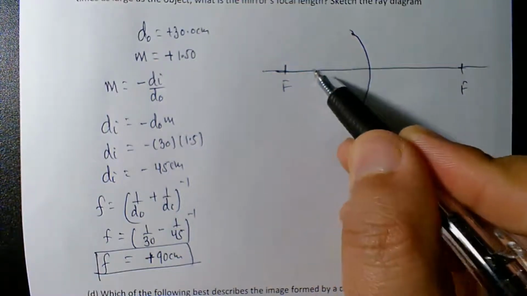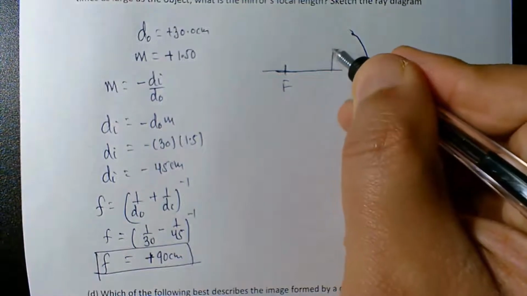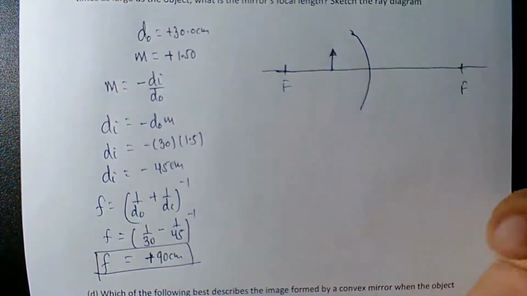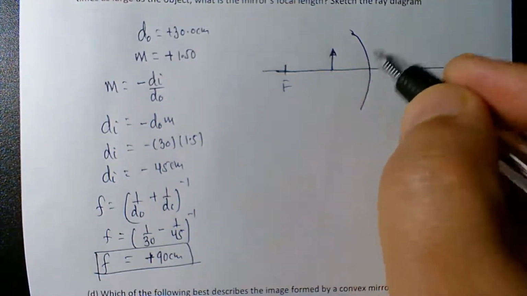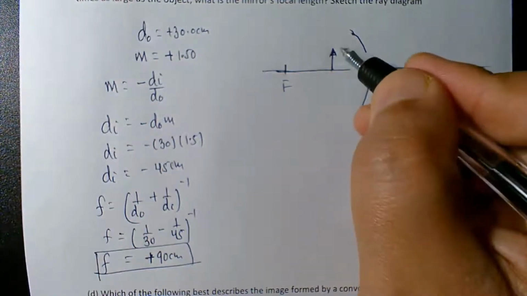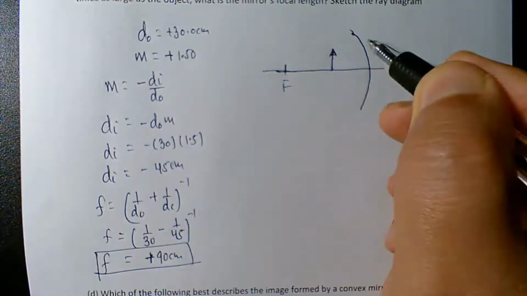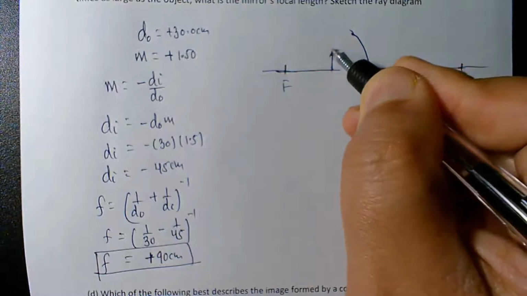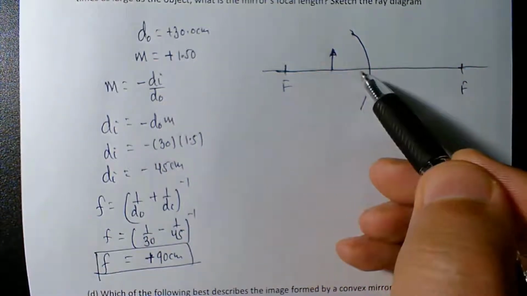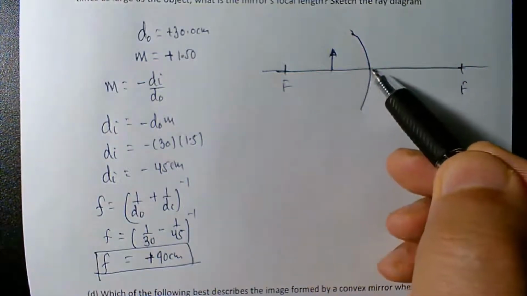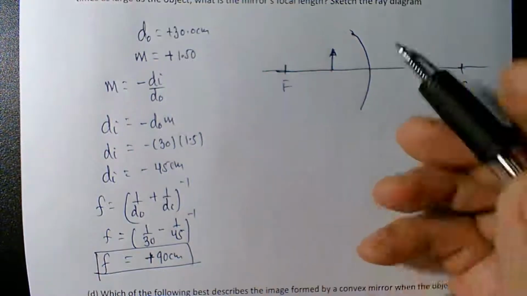If this is 90, just approximately scaled, it doesn't need to be exactly scaled, but if you use a ruler and everything, it will be accurate. This is the object, and it's placed within the focal length, between the focus and the mirror, because it's 30 centimeters.